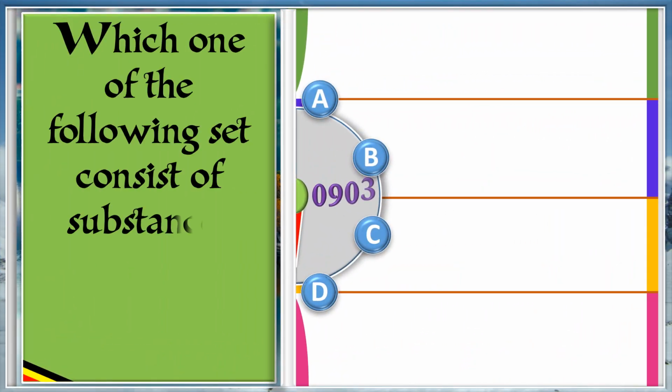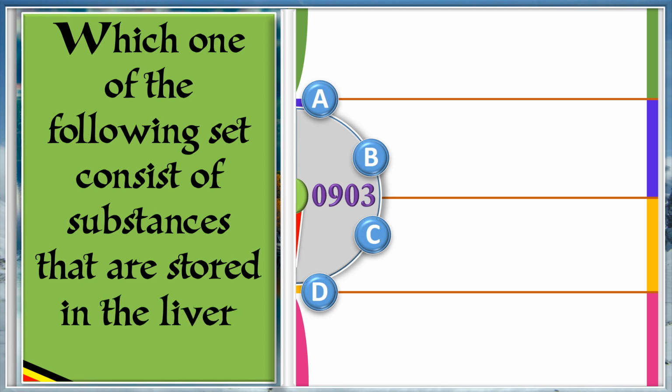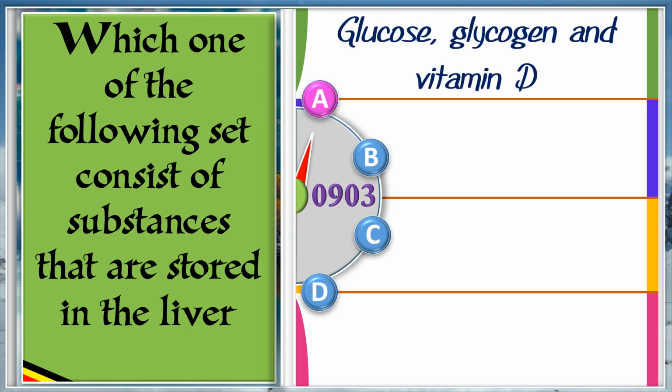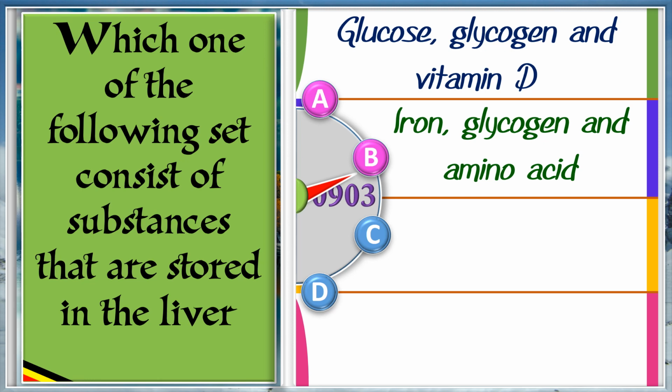Which one of the following consists of substances that are stored in the liver? A. Glucose, glycogen, and vitamin D. B. Iron, glycogen, and amino acids.